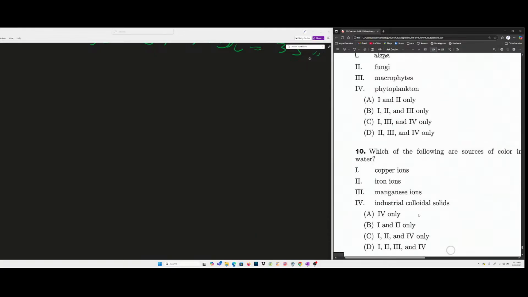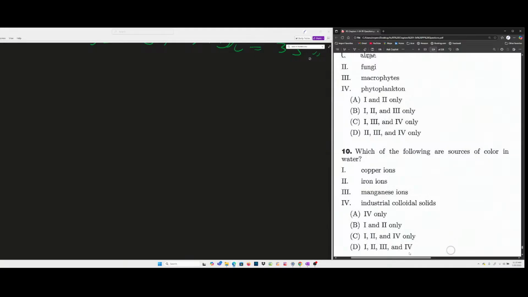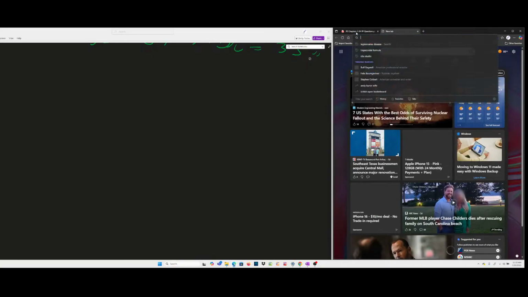Okay, we have more. Which of the following sources can cause the color of water? Copper ions. Can it cause color of water? Does copper have any color? Let me check.